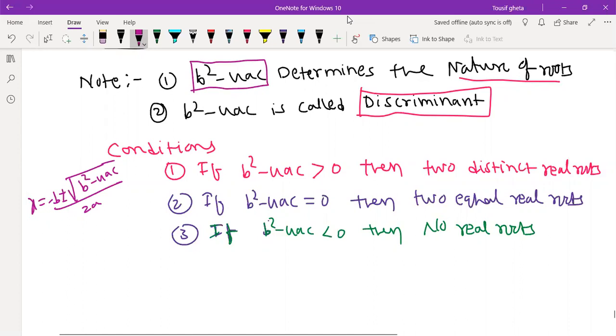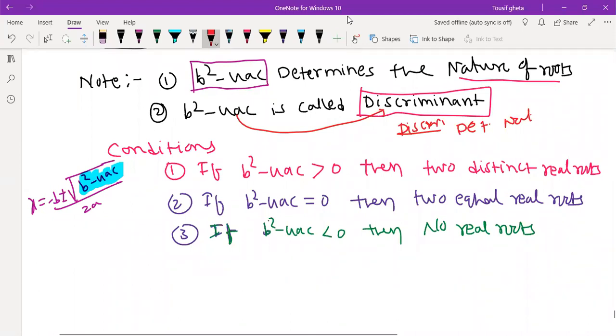So who decides the nature of roots? b square minus 4ac decides the nature of roots. So there are three types of nature of roots. Before that, b square minus 4ac is called what? Discriminant. In objective questions, they can ask dash decides the nature of roots, or dash determines the nature of roots. So you should write discriminant.